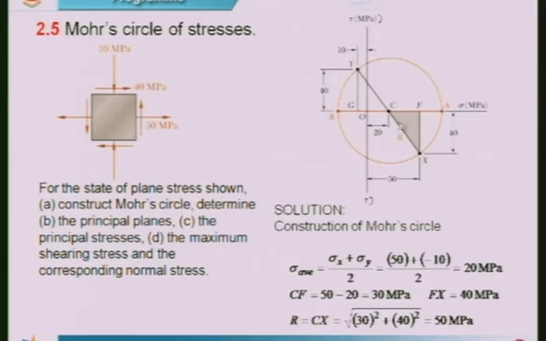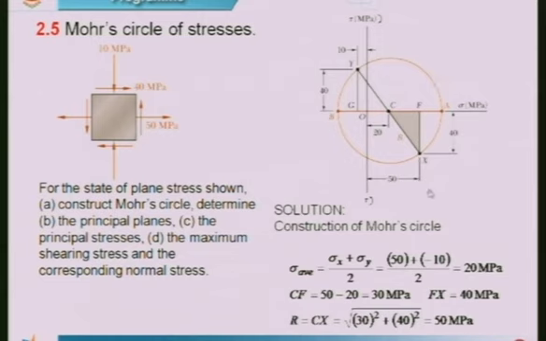Join these two by a straight line which would cut the X axis at a point C. This would be the point which we have to take as the center of the circle, with C as the center and Cx or Cy as radius. Draw a circle. Now this circle is nothing but the Mohr circle.